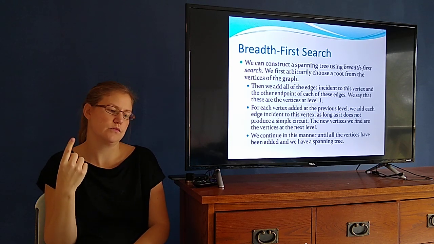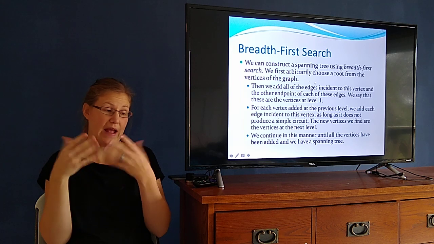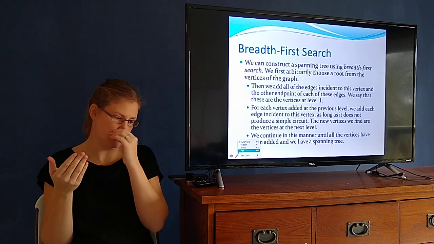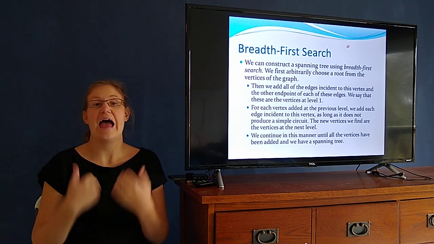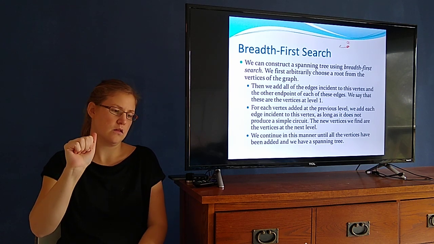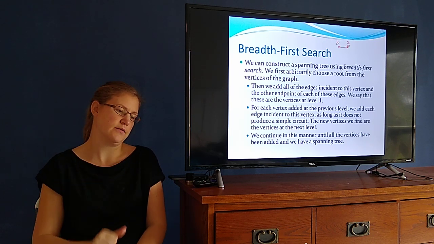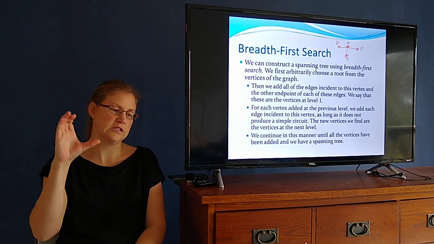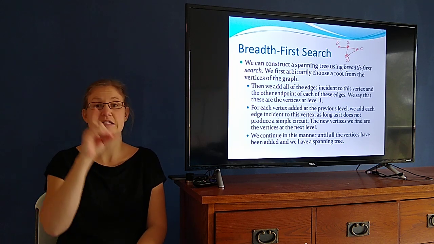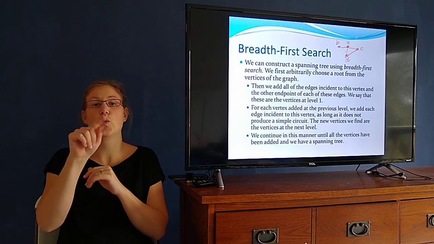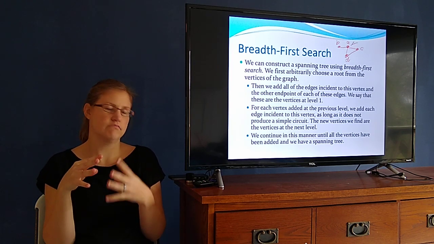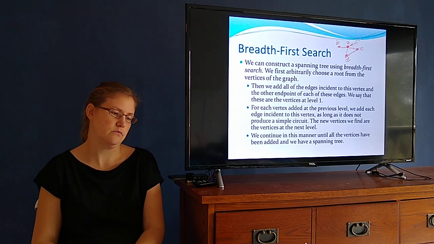So let's say we have a graph that has node A connected to B, C, D, and D is connected to C. Let's choose a root, and the root for this graph is A.